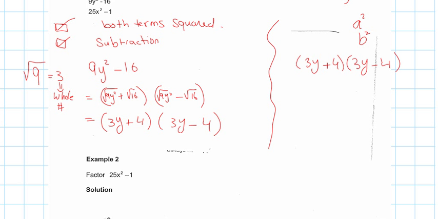So that means I multiply first by first. So that's going to be 9y squared, because 3 times 3 is 9. Y times y is y squared. What's 3y times negative 4? Negative 12y. What's 4 times 3y? Plus 12y, right?